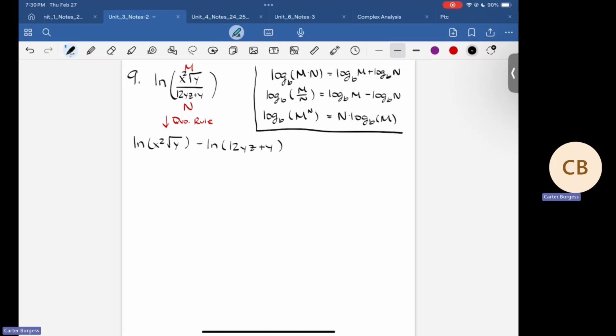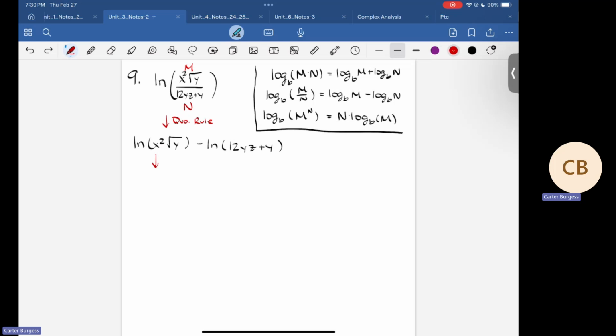And what we can observe from our leftmost term is, again, we have some multiplication that we can split. Notice here we actually can't use the power rule just yet because the inside of this logarithm is not all being raised to a power. Yes, I have this squared, but it's only applying to the x, not the y. Yes, I have this square root, but it's only applying to the y and not this x.